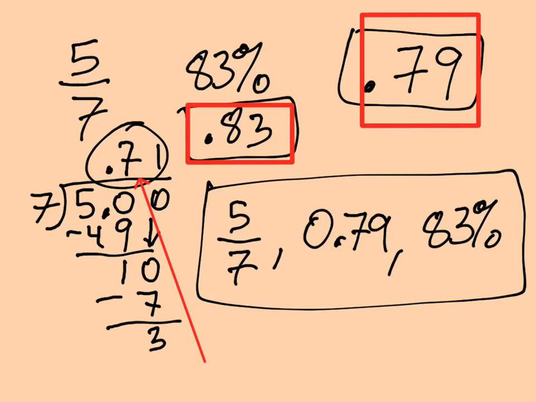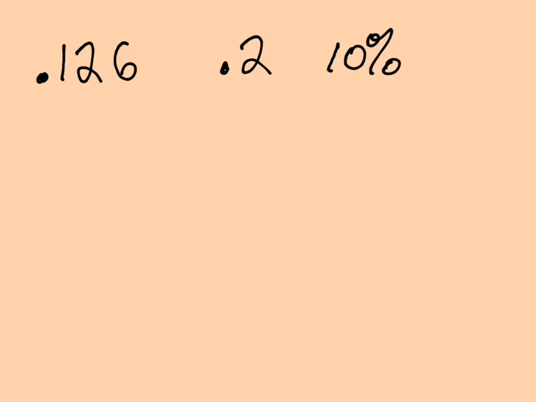Let's try one more, make sure everybody knows what we're doing. And so let's say we have 0.126, and then we have 0.2, and we have 10%, and then we have, say, 1/8.